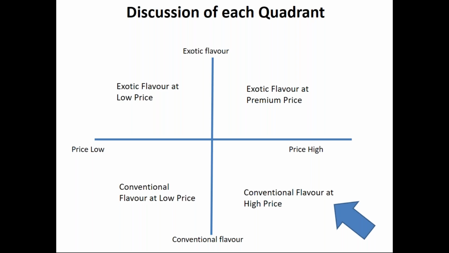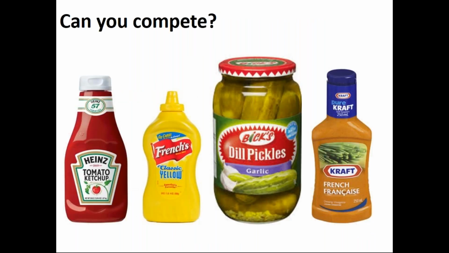We bounce down to the conventional flavor at a high price. This would be a sweet space to occupy, because if you're offering a conventional flavor, you're not spending a lot on expensive, fancy ingredients, and if you can get a high price, that'd be absolutely wonderful. The only catch is that this space is typically filled by these known national brands.